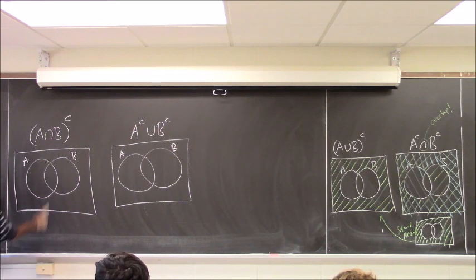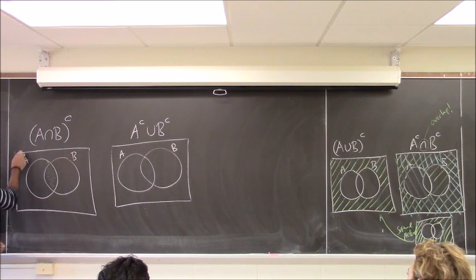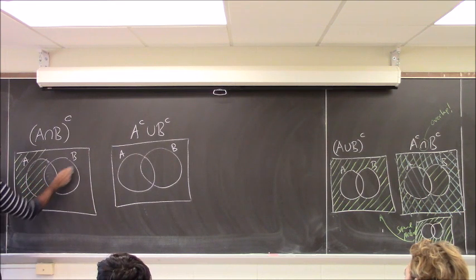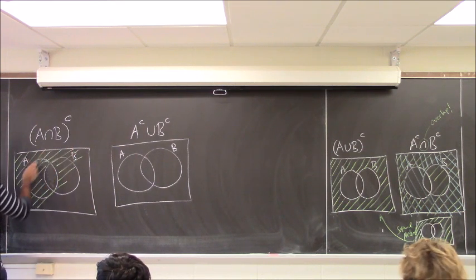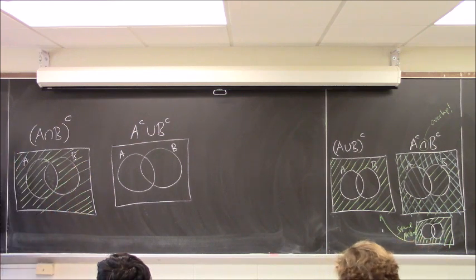Then I know that A intersect B is this part, and the complement means take everyone except that part. That's A intersect B complement.